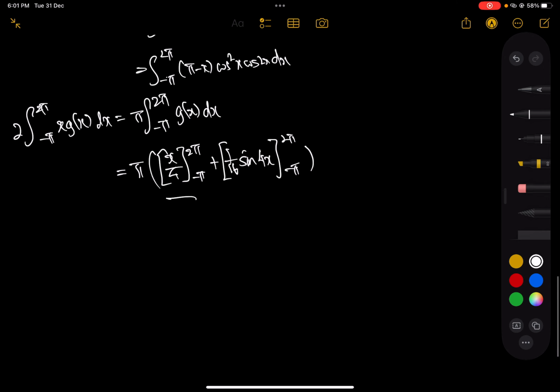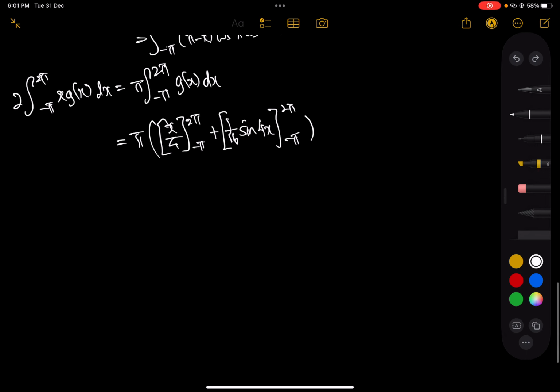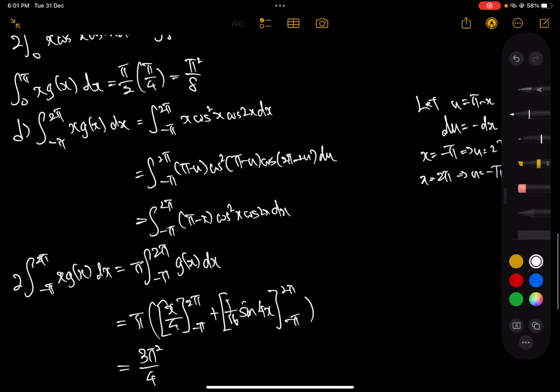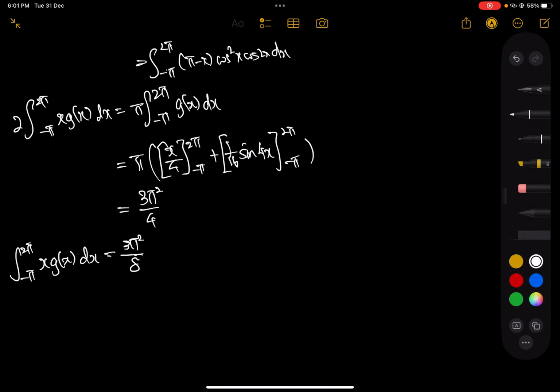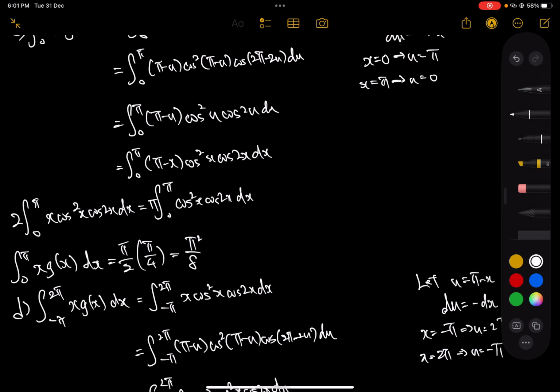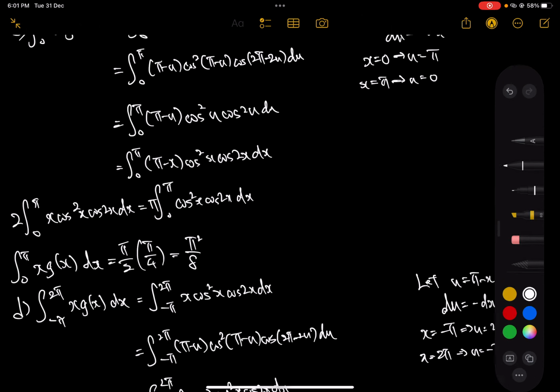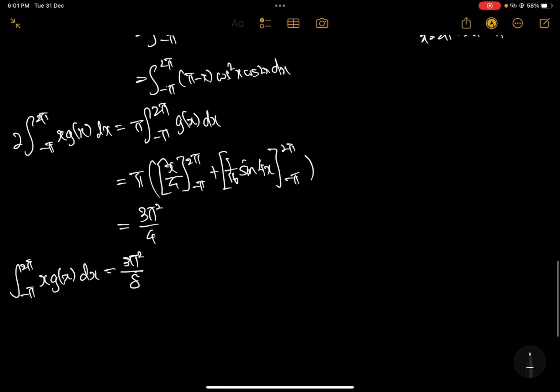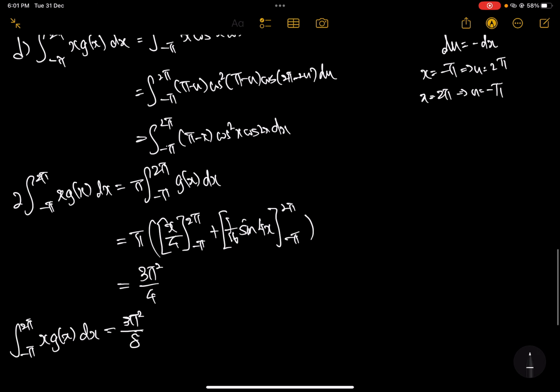And this one is pi over 2. 2 pi over 4 plus pi over 4, which is 3 pi over 4. So that's 3 pi squared over 4, which means the original integral we're supposed to do is 3 pi squared over 8, which is, frankly speaking, just 3 times the value in C. But yeah, it's really hard to explain intuition, so I'm not going to do that. Hopefully this method is clearer.